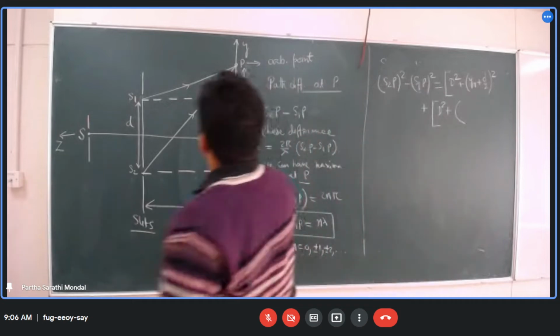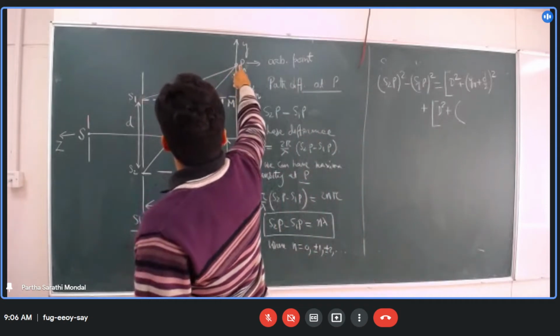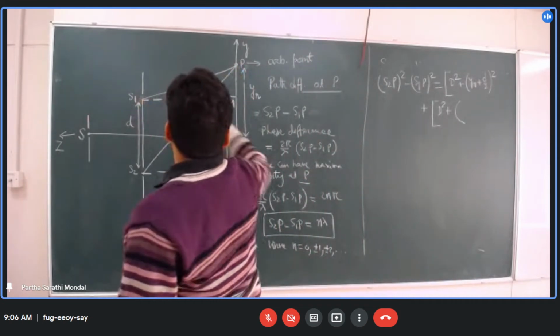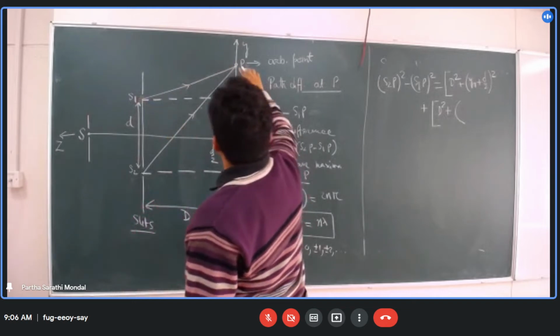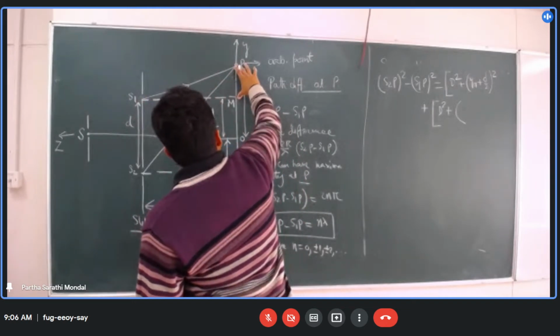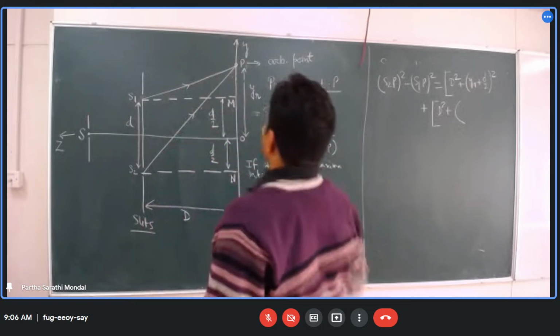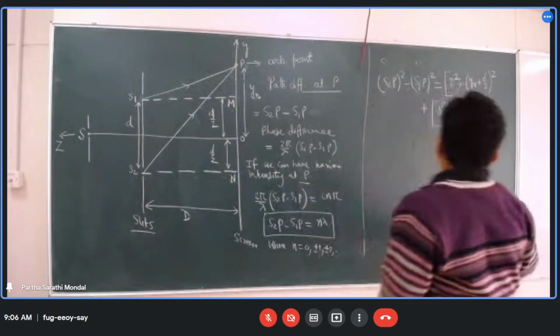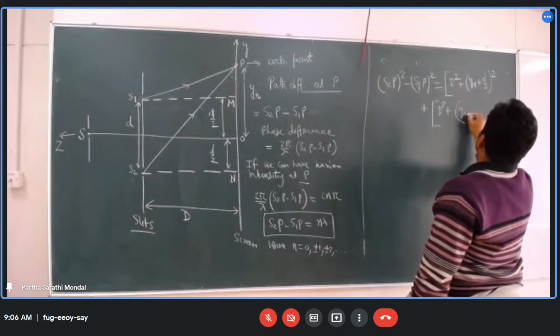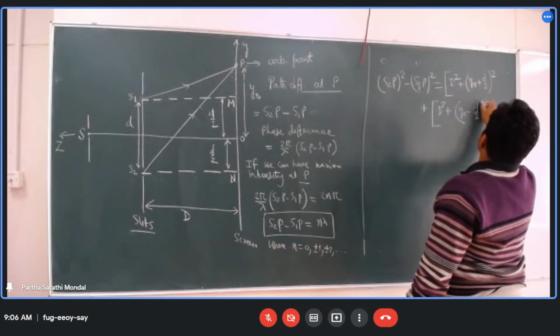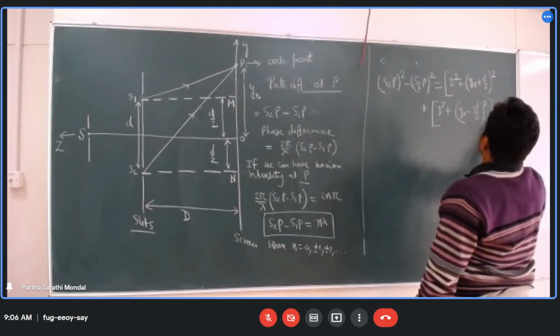So if you want to find S1P, then you have to take the triangle PS1M. In that case, this will become (yn minus d by 2) whole square plus d square.